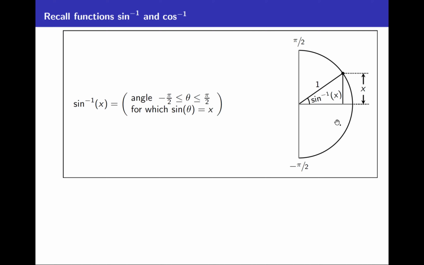It has a picture over here in this triangle on the unit circle with radian values between negative pi over 2 and pi over 2. This triangle has a vertical side x, so if you took sine of this angle right here, you would get x. So sine inverse of x is this angle. It's the angle that if you took sine of it, you would get x.